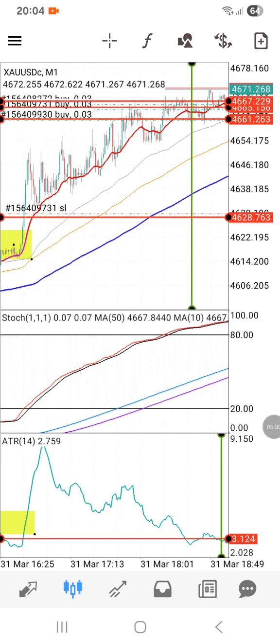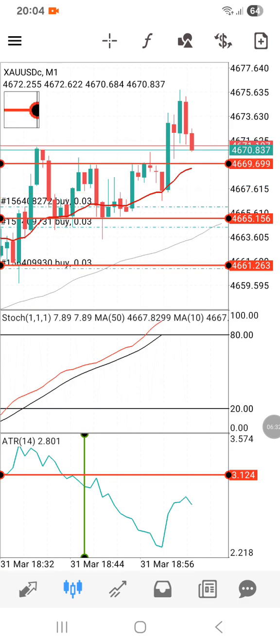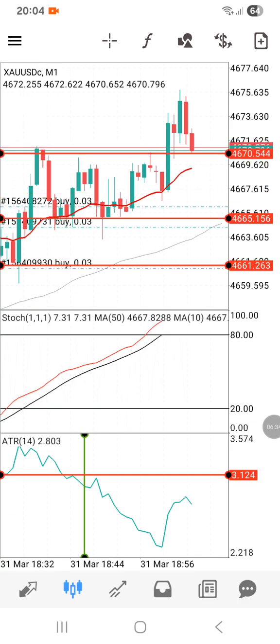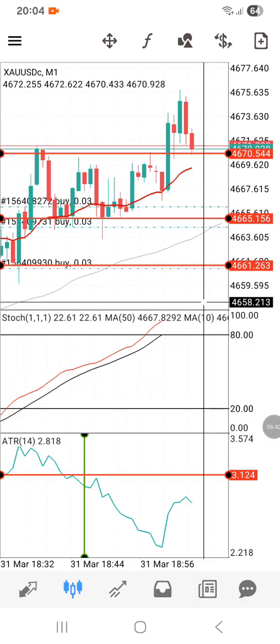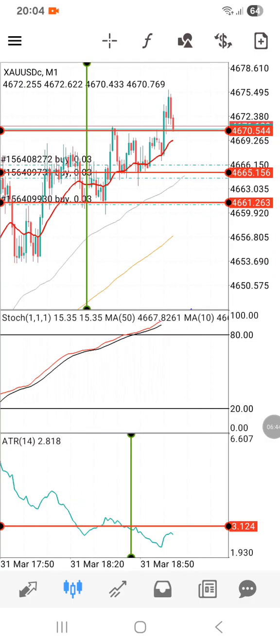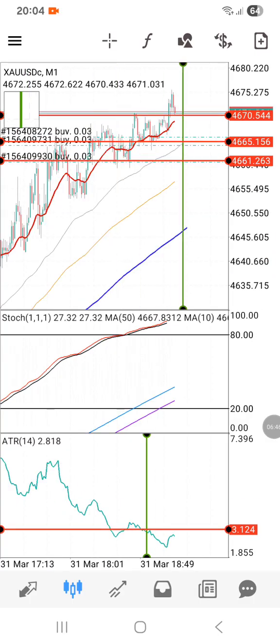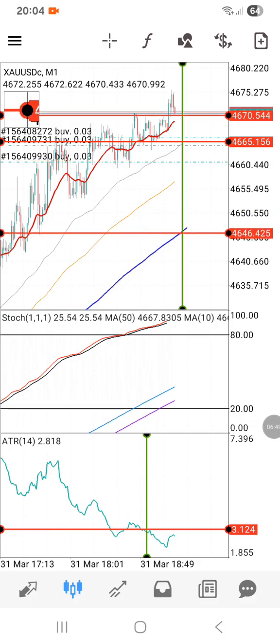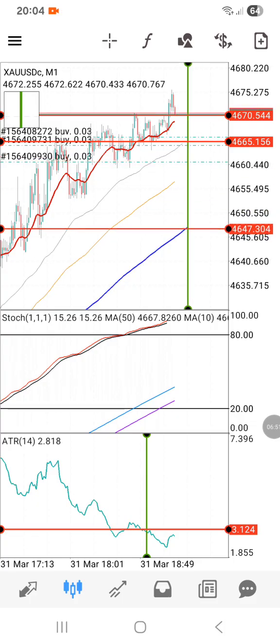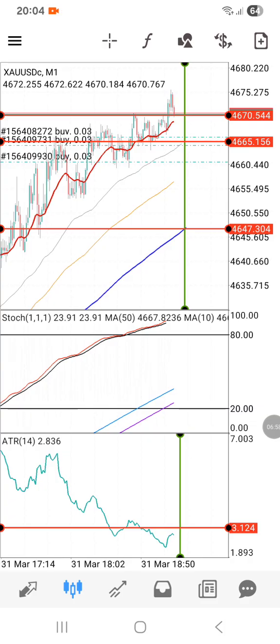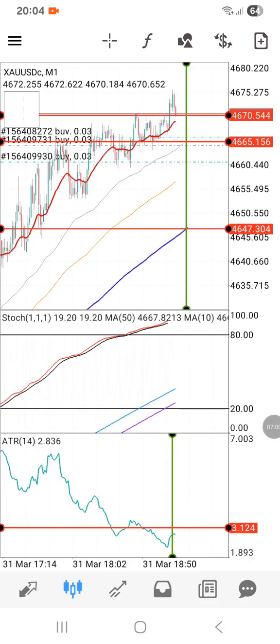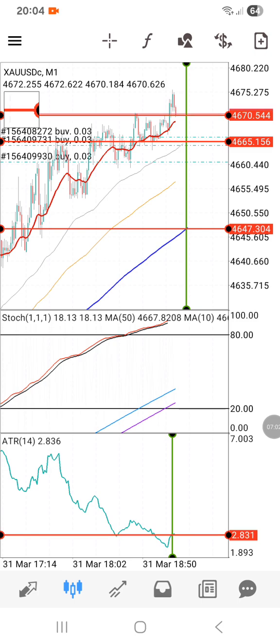If you are buying at the current price right now, your stop loss will be on the blue indicator. But you are going to take the current ATR, which is at 2.83.